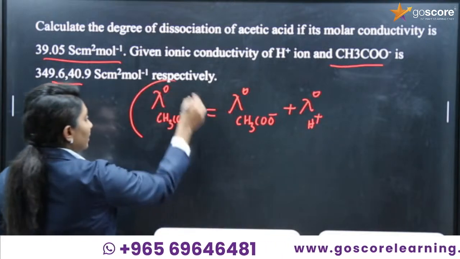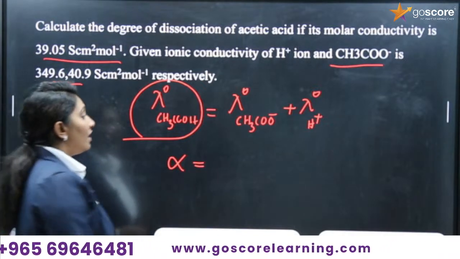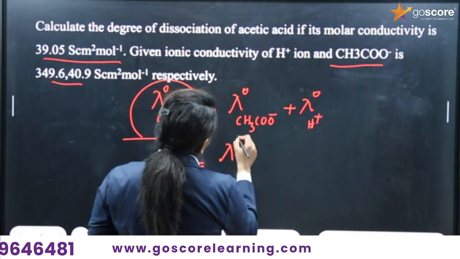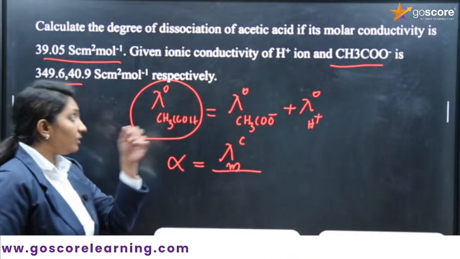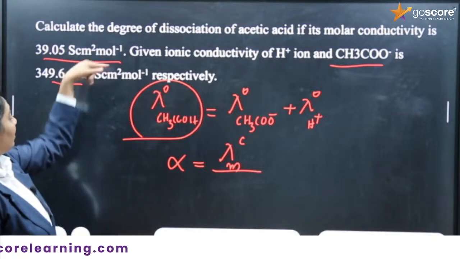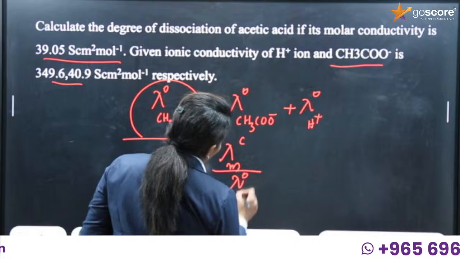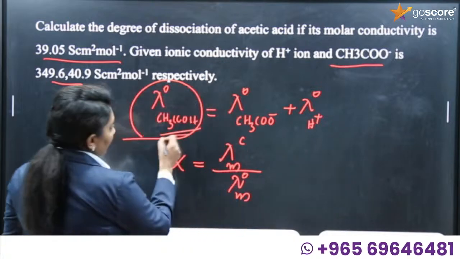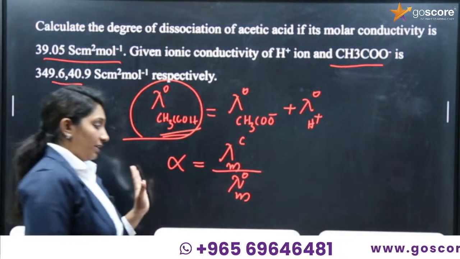Once you get this value, you can find out the degree of dissociation as the molar conductivity at a concentration C, which is given in the question as 39.05, divided by the limiting molar conductivity. That value you are finding out here by adding ionic conductivity.